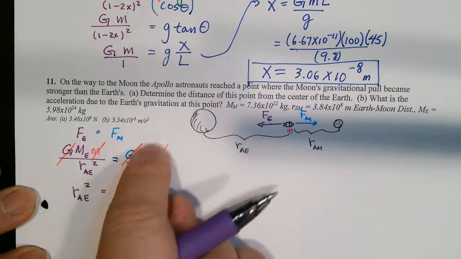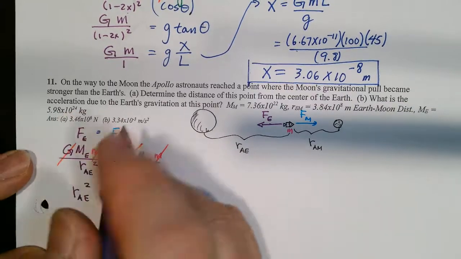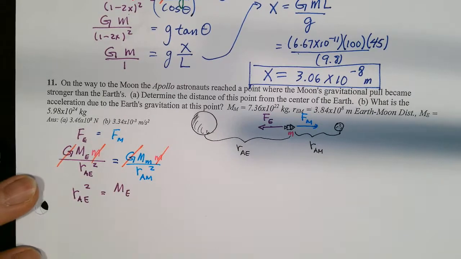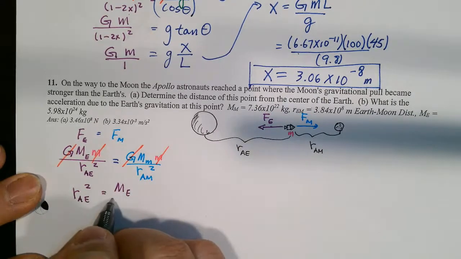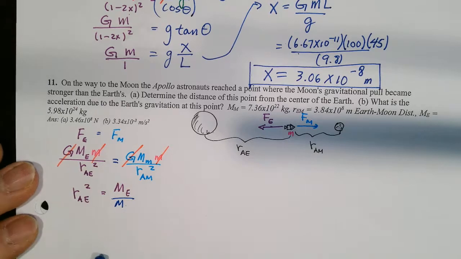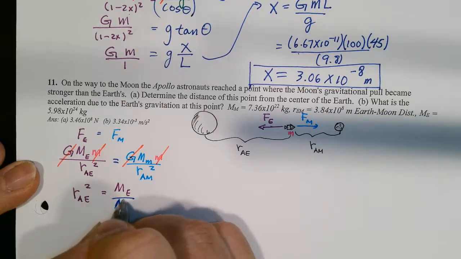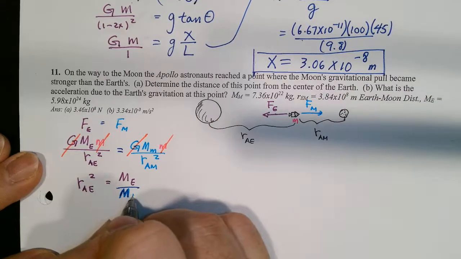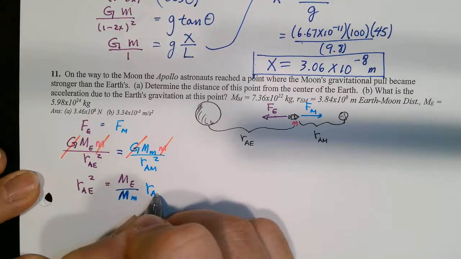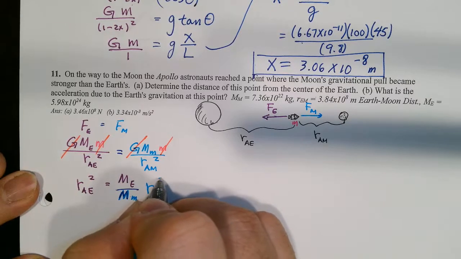By bringing it over here, it'll be the mass of the Earth divided by the mass of the moon, times the radius of Apollo to the moon squared.